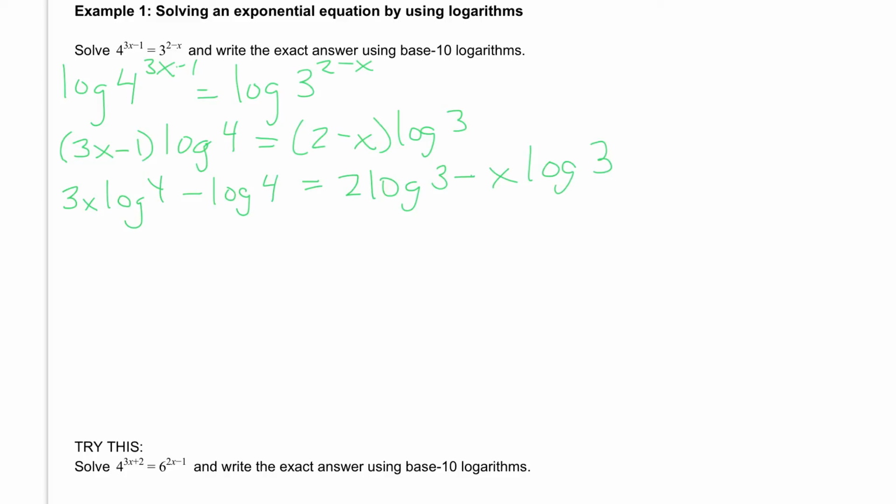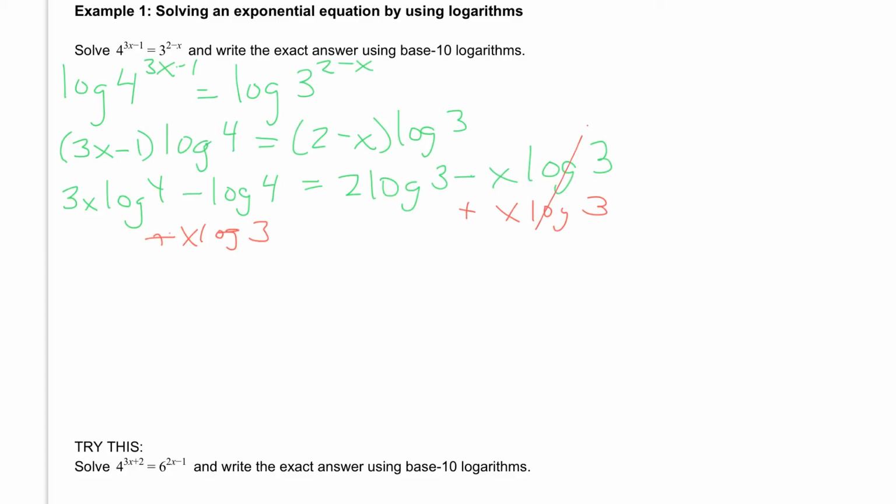And then we want to get our logs with the x's, these two logs, on the same side, and our logs without the x's on the other side. So in this step I'm going to add x log of 3 to both sides so that I can get it over on the left-hand side, which will cancel it out here.